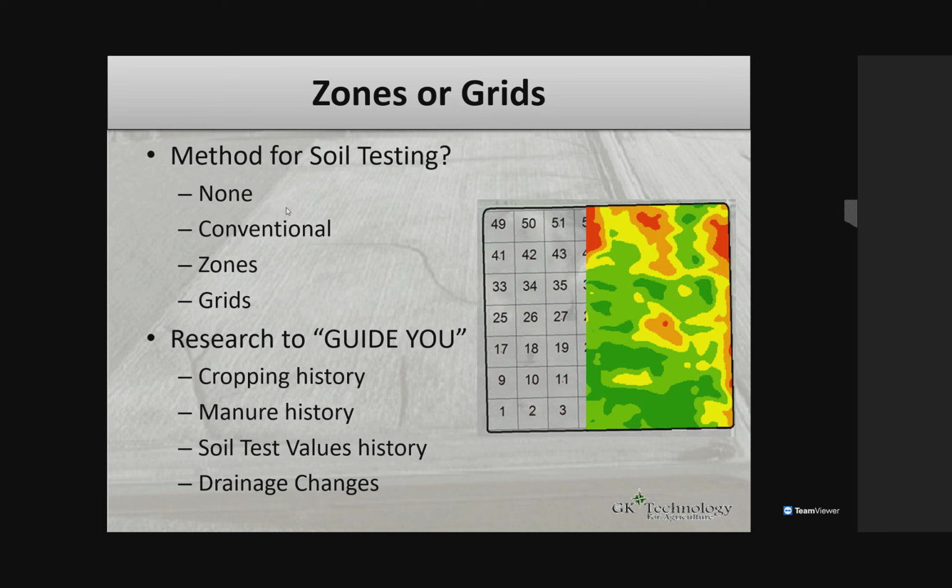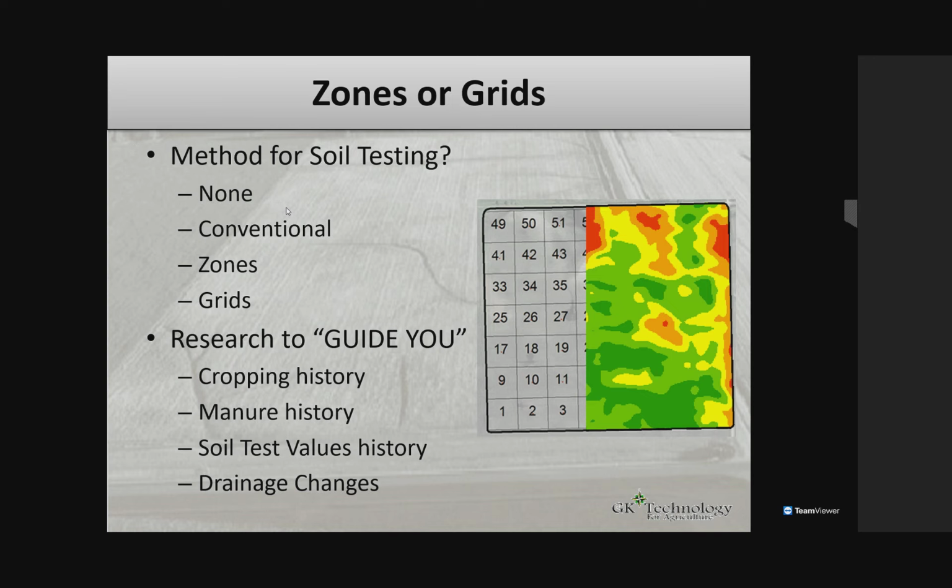When you're doing that history work, you really want to pay attention to, have you had manure history and things like that in the past? Manure history, I tell people that's not just something that's going to be in the last 5 or 10 years. This could go back 30, 40, even 50 years. That old farmyard that has been gone for years and years and years.